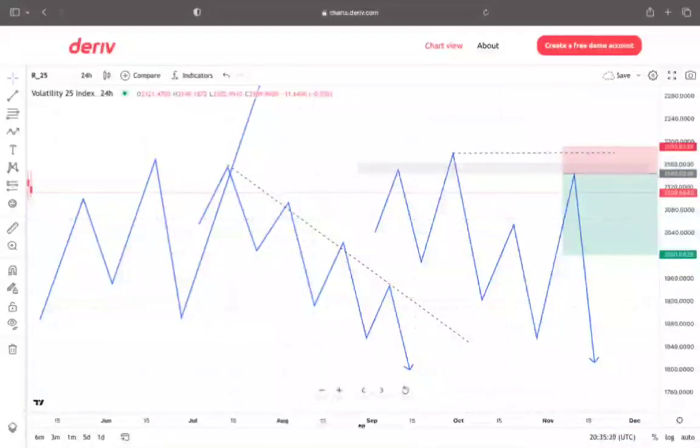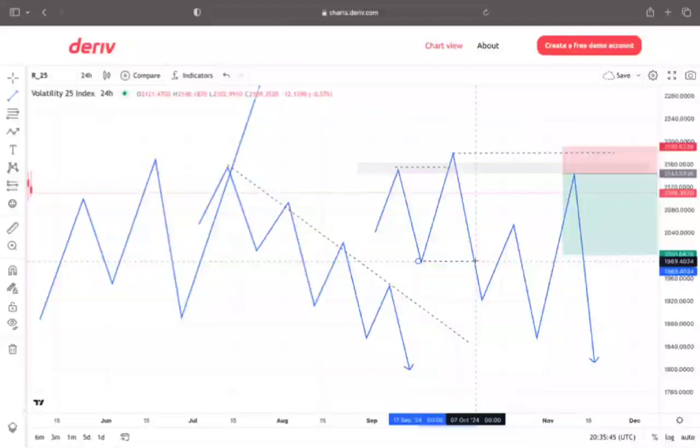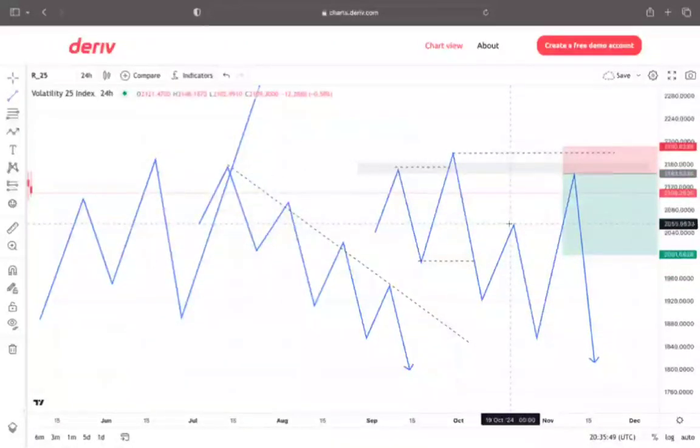Simple. This is how it is. This is the sweep over here. The break of market structure. Inducements.